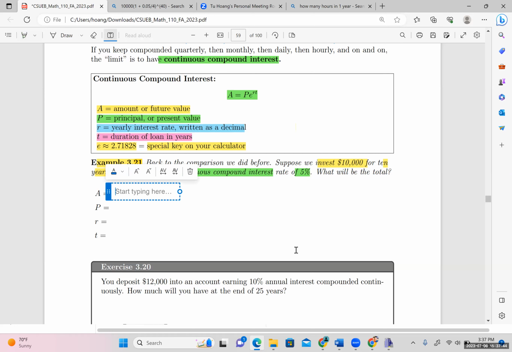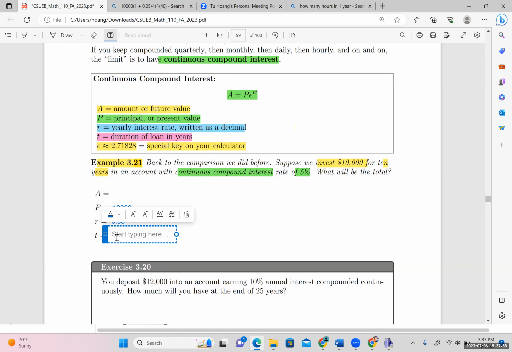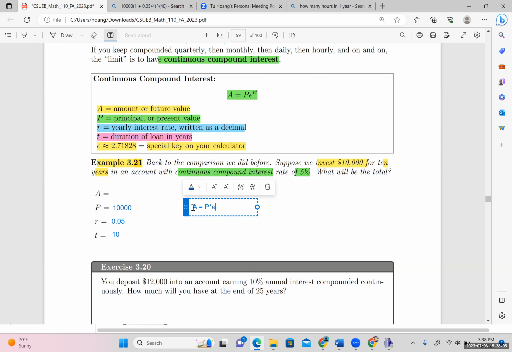So P is going to be 10,000, R is going to be 0.05, and T is going to be 10 years. So A equals P times E raised to power RT.